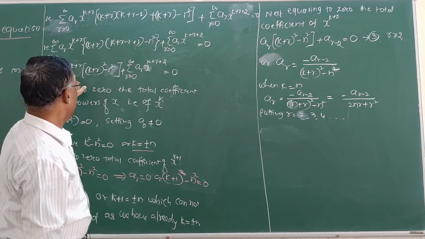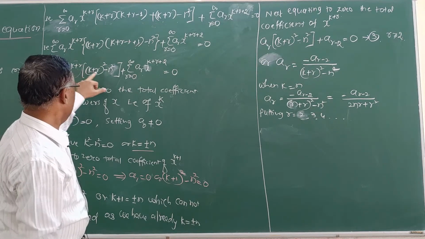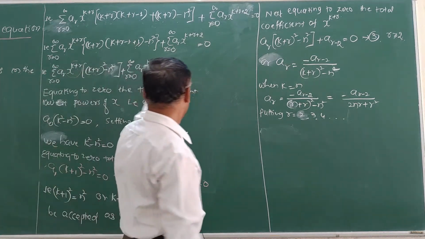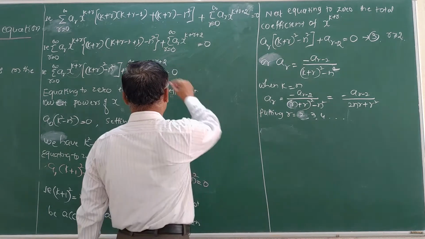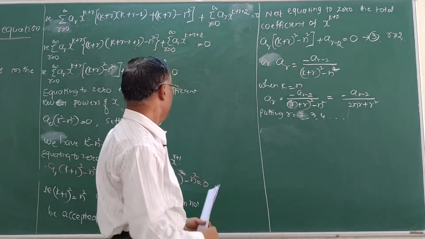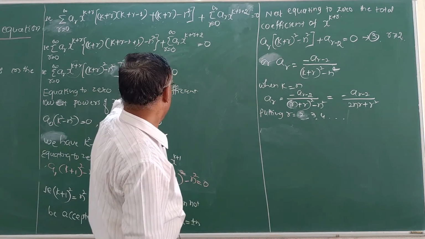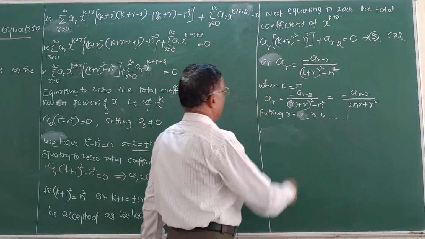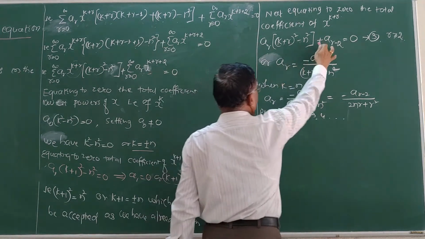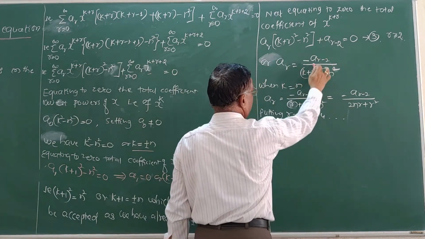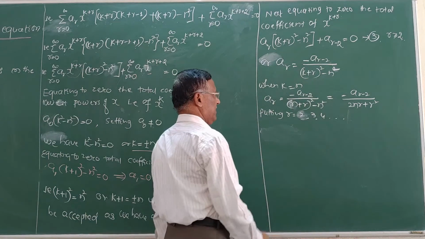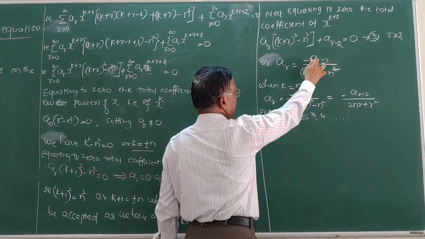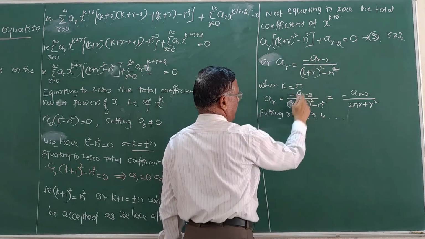So the coefficient of x raised to k plus r is ar into bracket k plus r whole square minus n square, plus from the second term a(r minus 2), equal to 0. Or we can write ar equal to minus a(r minus 2) divided by k plus r whole square minus n square.